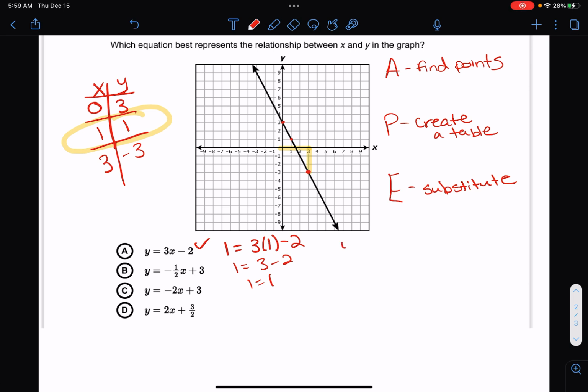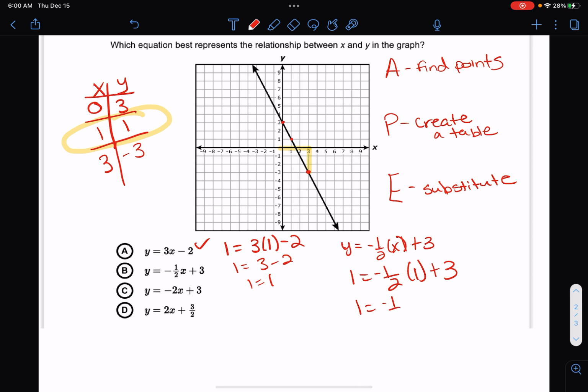So then you have y equals a negative 1/2 x plus 3. Again, 1 equals a negative 1/2 times 1 plus 3. Well, a negative 1/2 times a positive 1 is a negative 1/2.